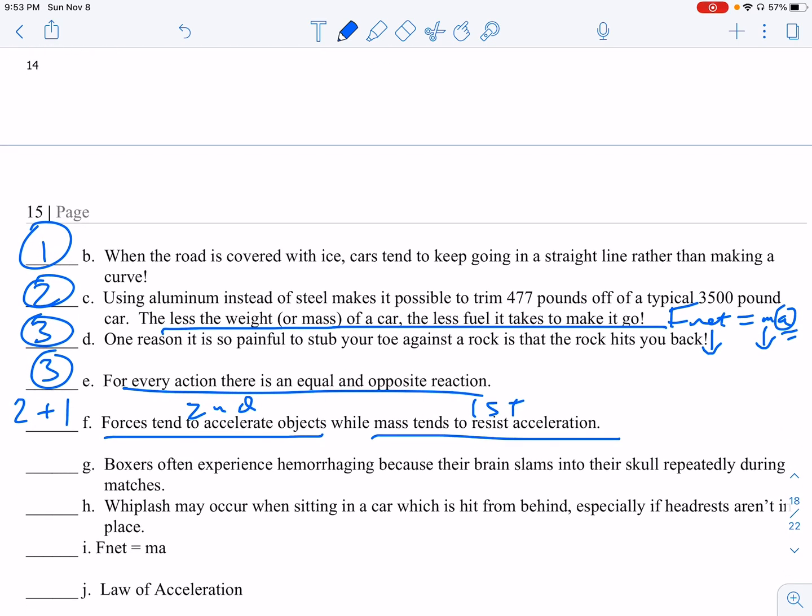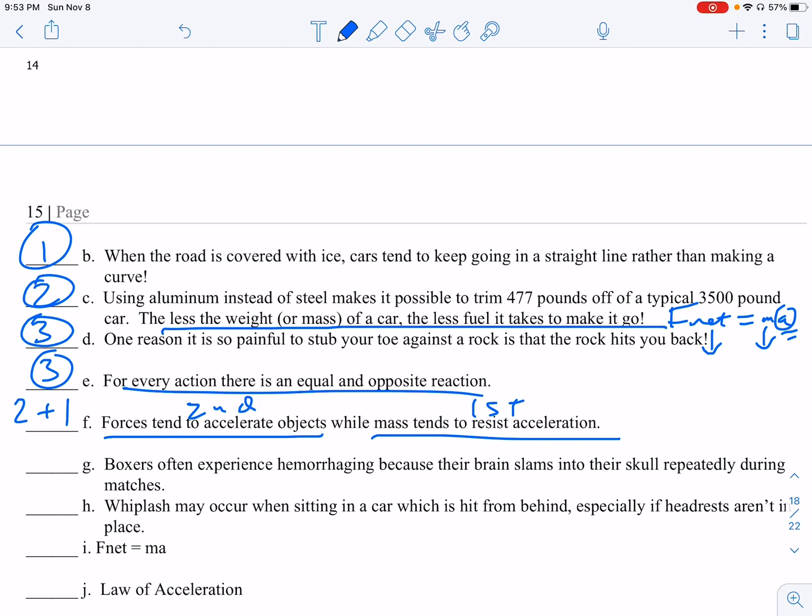Boxers often get concussions because their brain slams into their skull. Okay, so this is kind of subtle. Ugh, I hate talking about this. But your brain stays when your face gets pushed back. So your brain is tending to remain at rest while your whole skull is moving backwards.